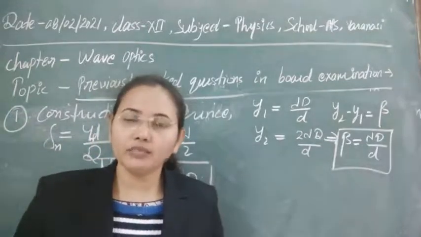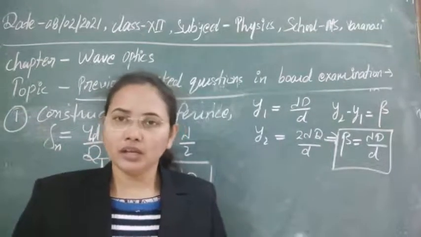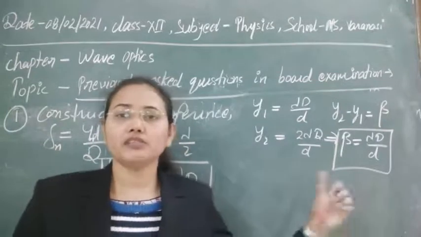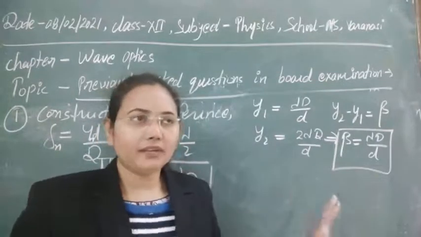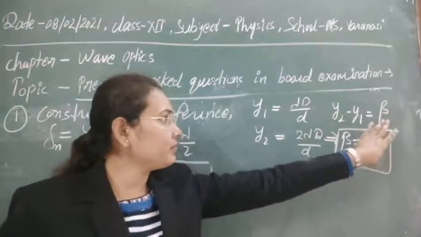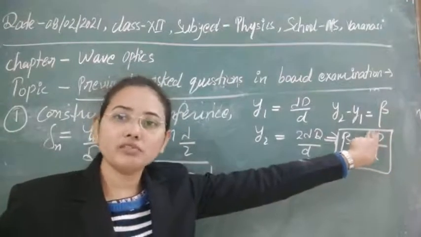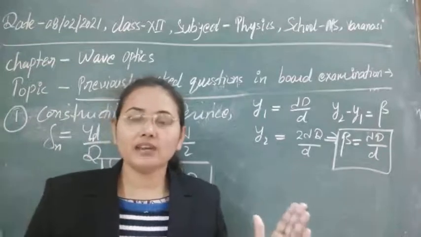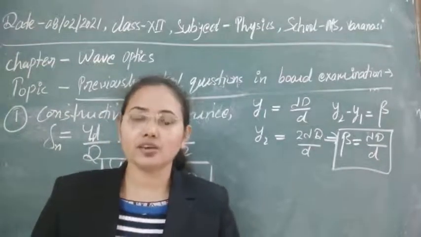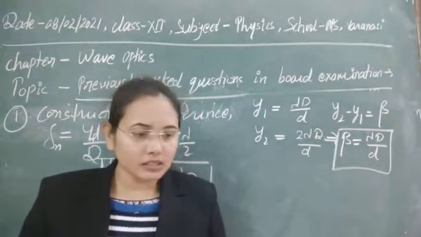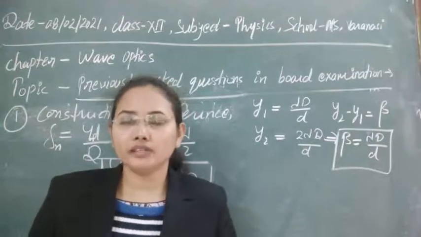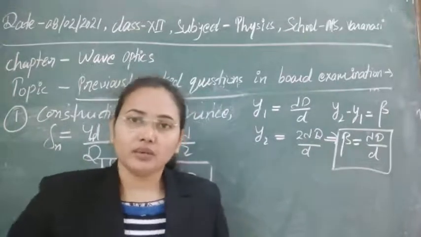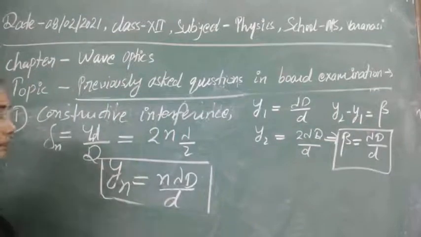Later I will prove that they are equidistant also. If you find the fringe width for minima, you will see that it is also equal to the fringe width for maxima. So continuous equidistant fringes are obtained in an interference pattern. This is also a key difference between interference and diffraction.